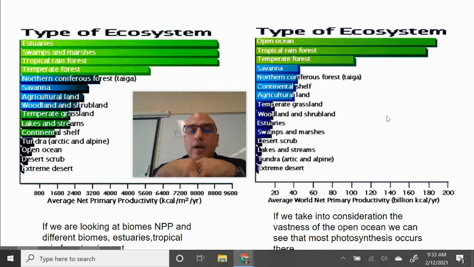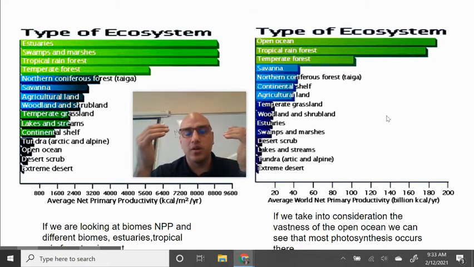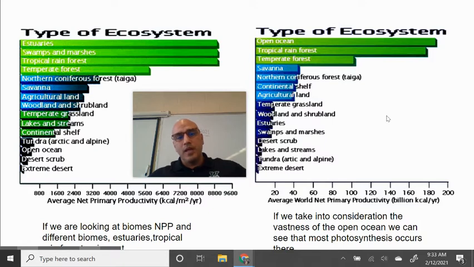However, if we look overall, where does most of the photosynthesis occur on our planet? It actually occurs in the ocean, through those cyanobacteria, those photosynthetic bacteria, that phytoplankton, that is dispersed in our ocean all over. And the reason is that there's just so much ocean.